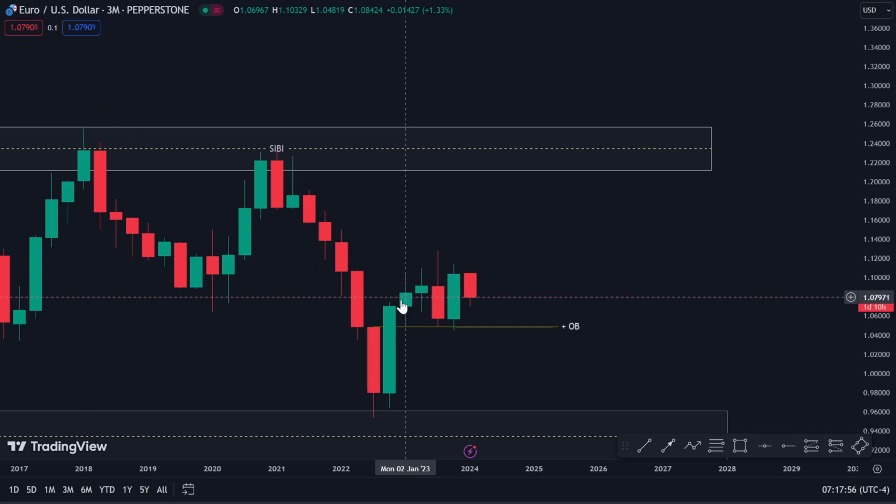It dug just slightly into our bullish order block and repriced away. And price again came at this point in time on July 3rd, 2023, and revisited our bullish order block.